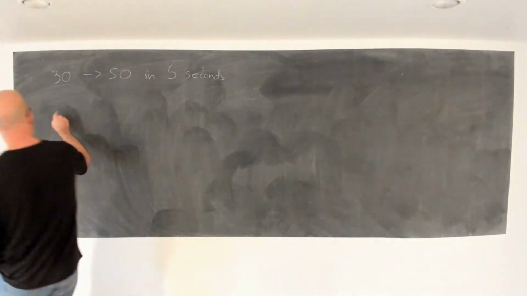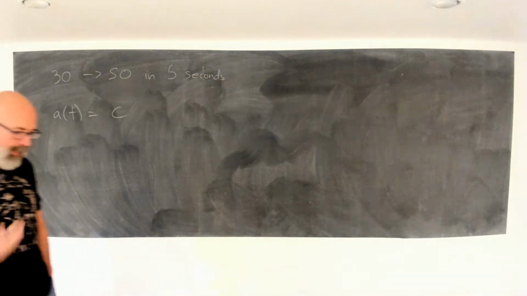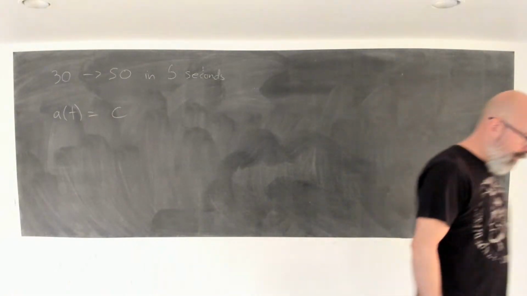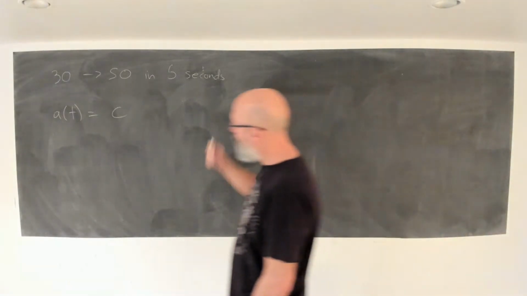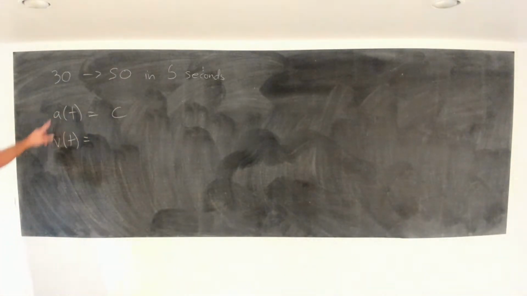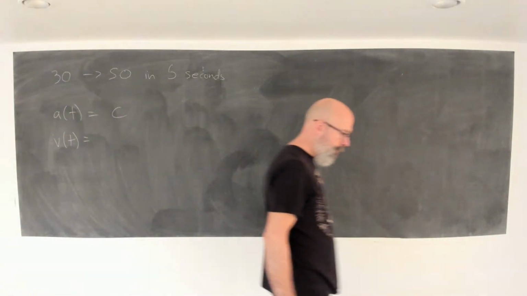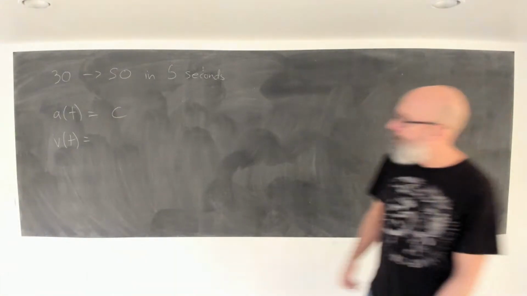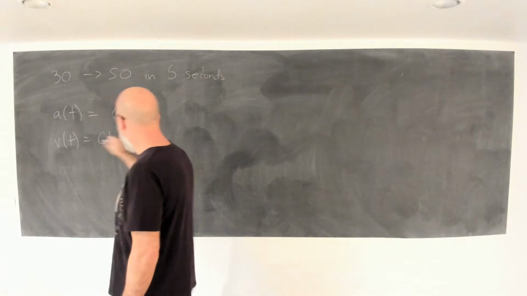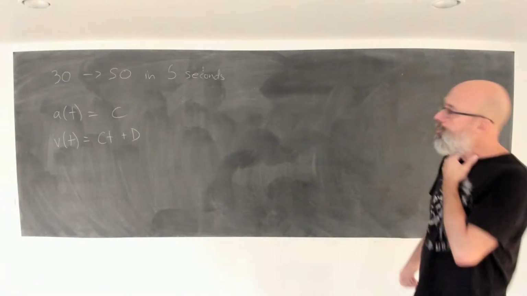So acceleration should be some constant. Now, if you have the acceleration, we can work backwards, right? What is the velocity? The velocity is the antiderivative of the acceleration. What function has derivative c? The answer, of course, is ct plus d, where d is any constant.